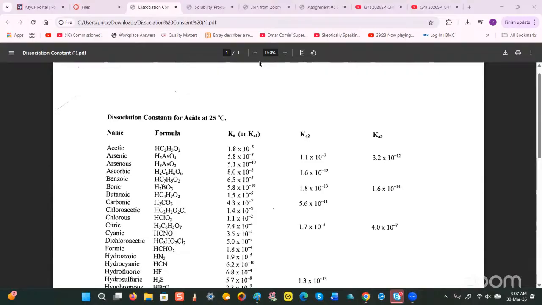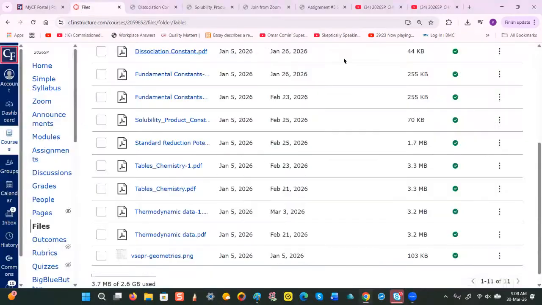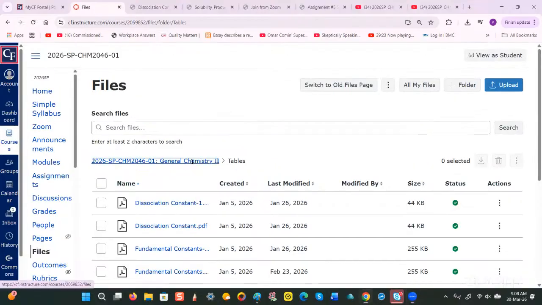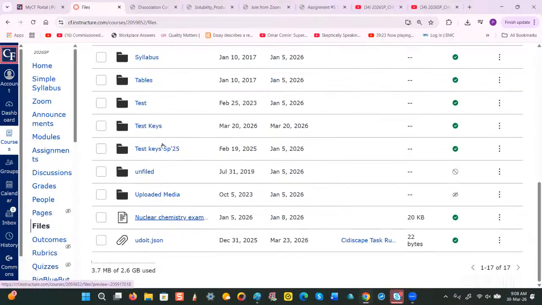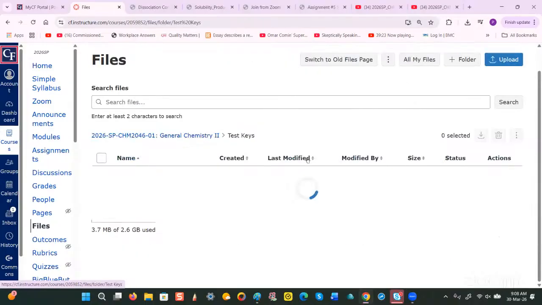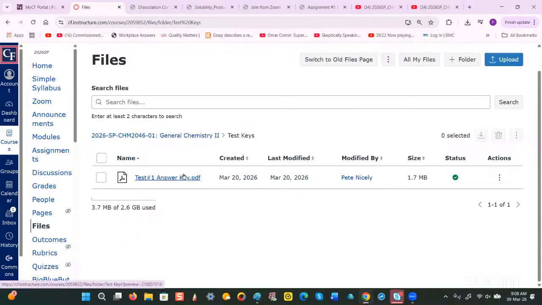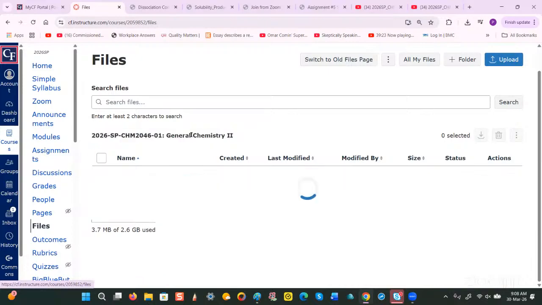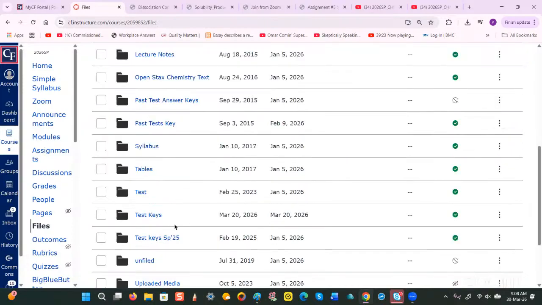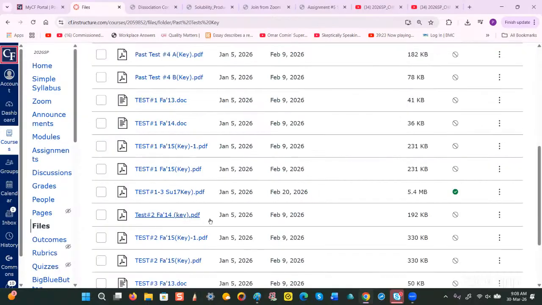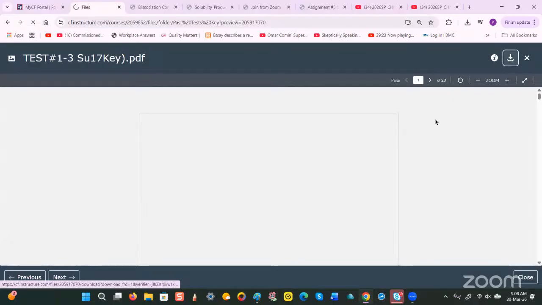Is it possible that you could publish past test number 2 key? Let me see. Test number 2. Okay, test keys. Oh, I'm sorry, that's not it. Past test answer keys, that's what I'm looking for.